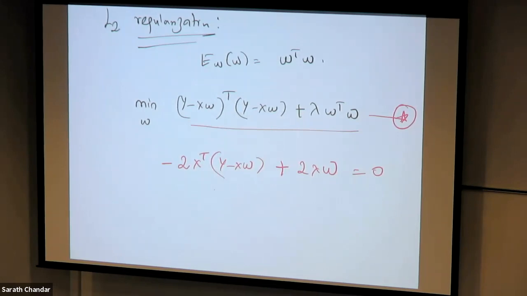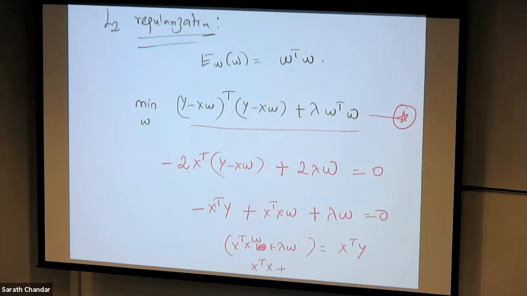This becomes minus X transpose Y, and minus times minus gives plus X transpose XW plus lambda W is equal to 0. So X transpose X W plus lambda W is equal to X transpose Y. Now I can write (X transpose X plus lambda I) W is equal to X transpose Y. So now I can find W.